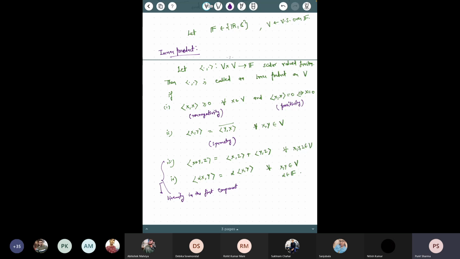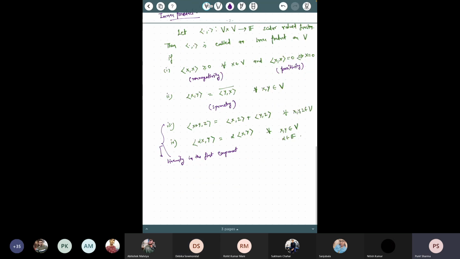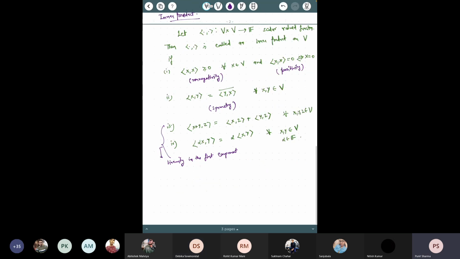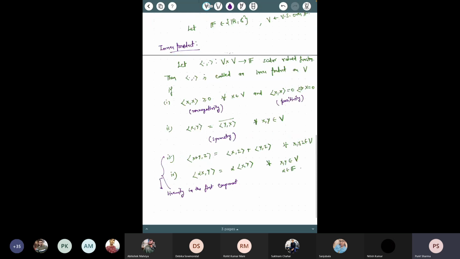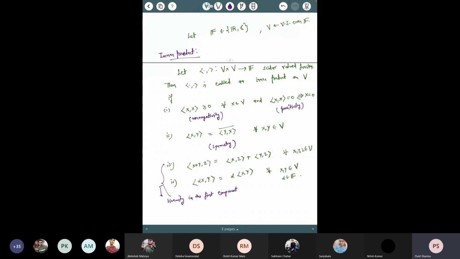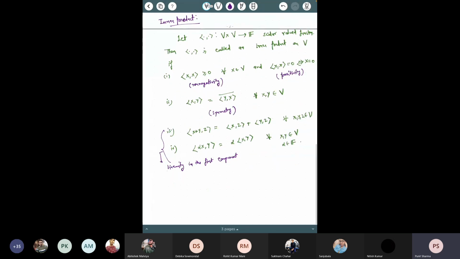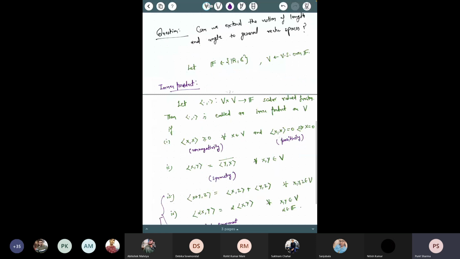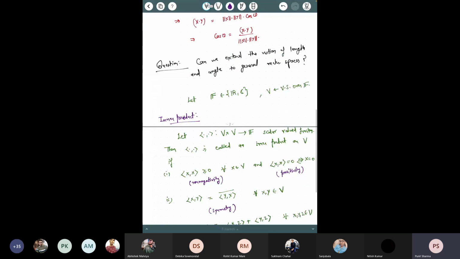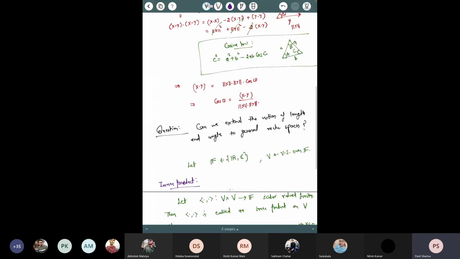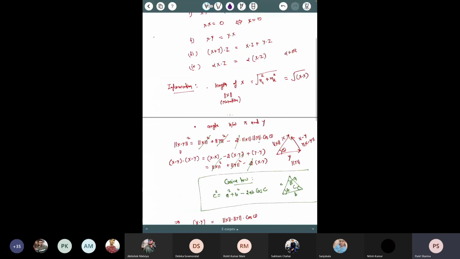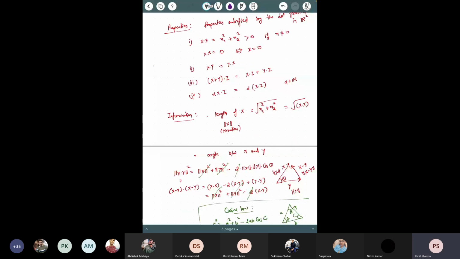If you compare these four properties with the dot product here, you can see that they are very similar. For example, here you can see x dot x, which is very similar to the first one. It's just that the notation is different. Otherwise, you can see this dot product on R2 satisfies all these four properties.